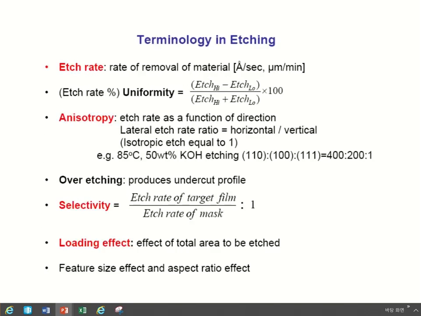Okay. All right. There is some terminology in etching. Etch rate is the rate of removal of material. So that should be some length over time. It could be angstrom per second or micrometer per minute. Uniformity is the measurement of uniformity of etching across the whole wafer.